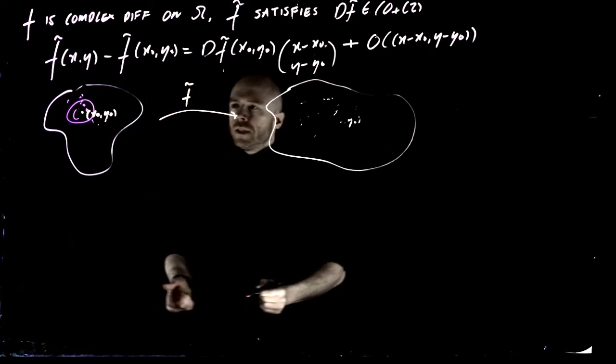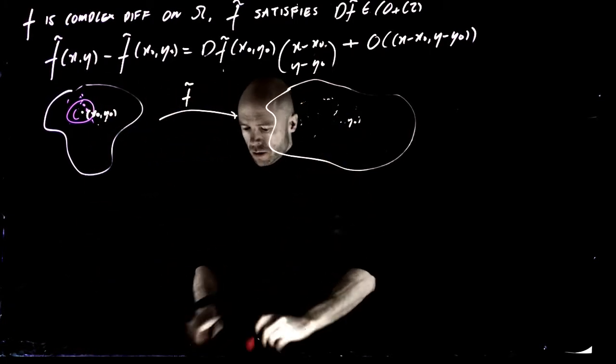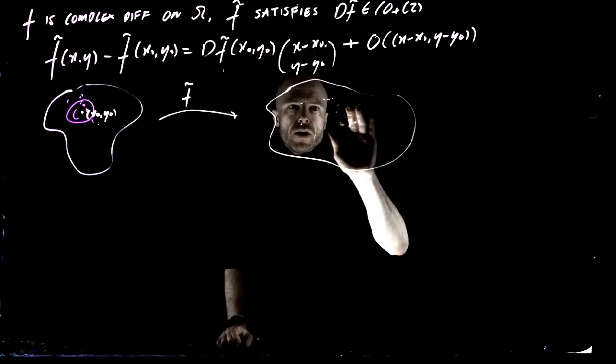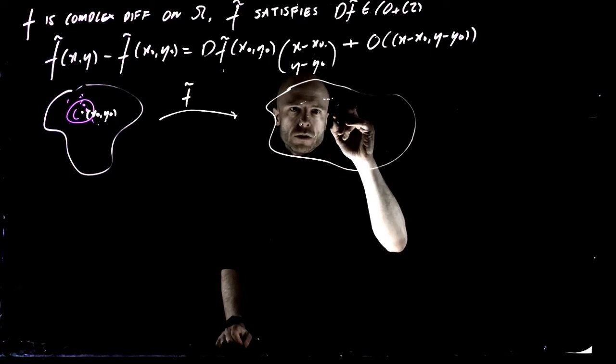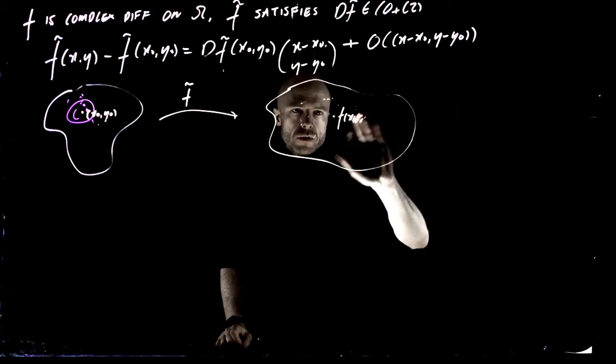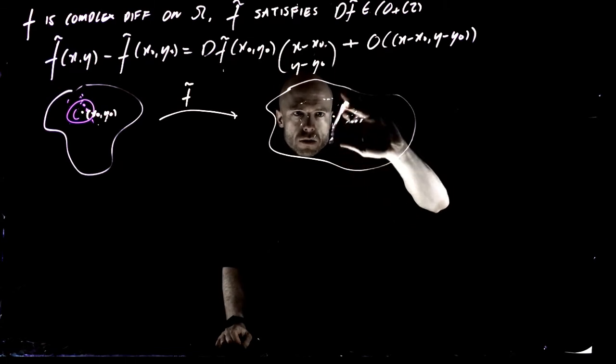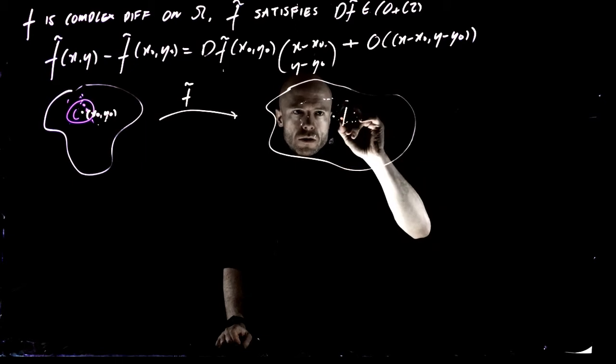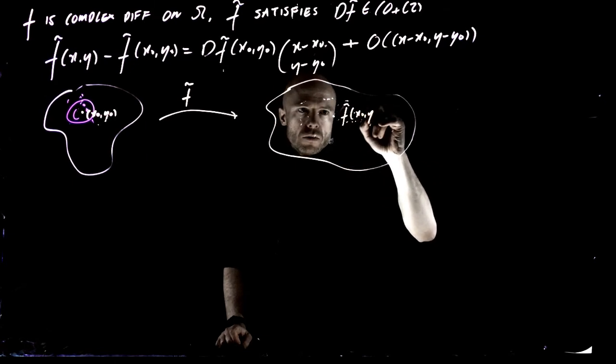Then what will happen to this smiley face? It will be either shrunk or stretched. So this is the point f tilde of x0, y0.